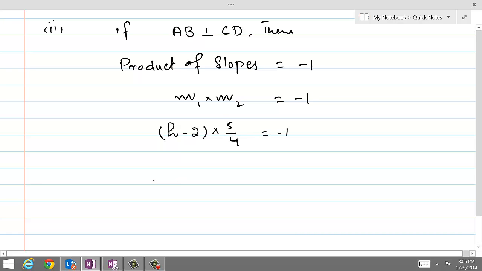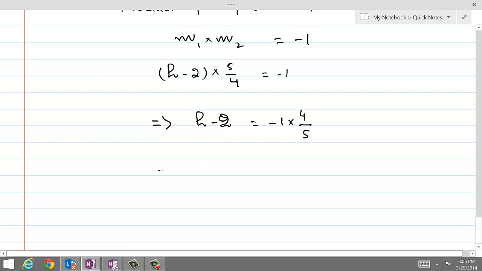In order to find the value, h minus 2 is equal to -1 times 4 over 5. Just reciprocate on the other side. So h would be equal to 2 minus 4 over 5, and now we can solve for h.